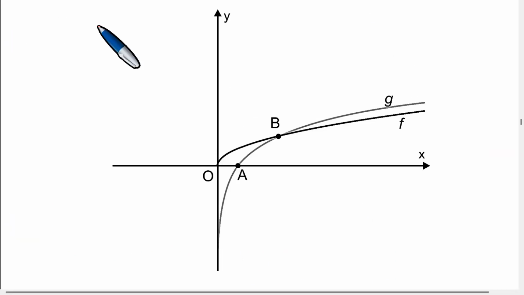So f above g would mean that at this point, you can see that this is f and this is g. Here you can see that f is above g, and at this point g is below, up to the point of intersection.